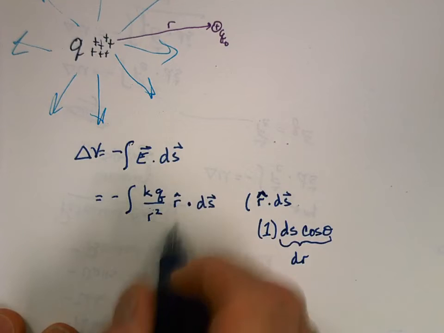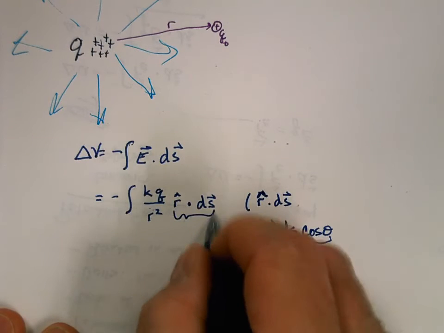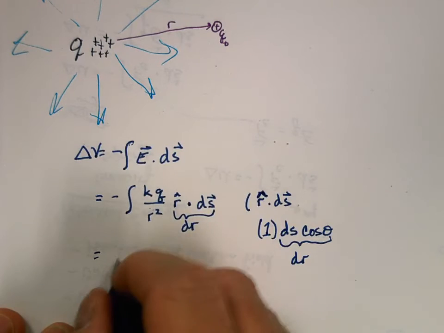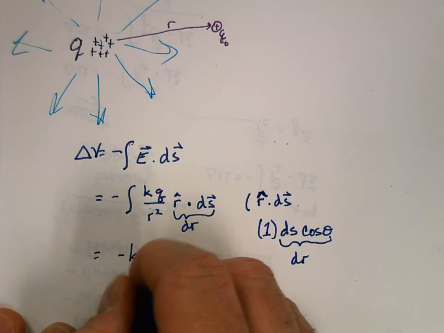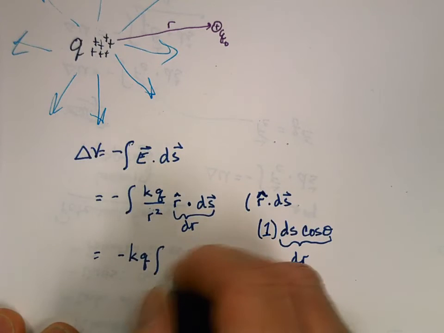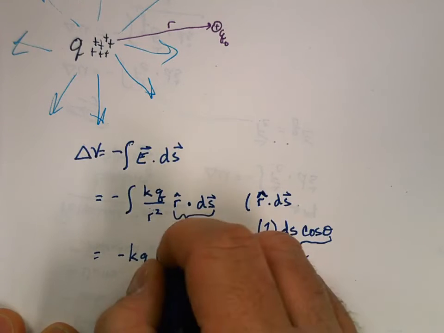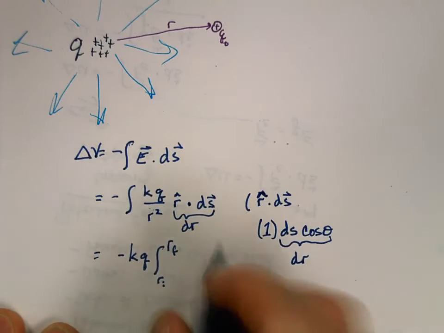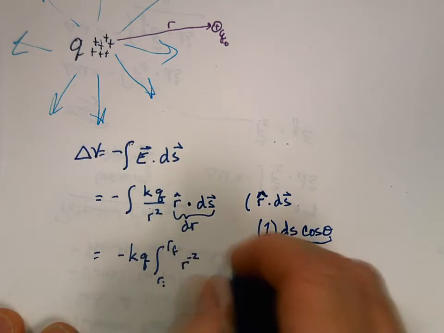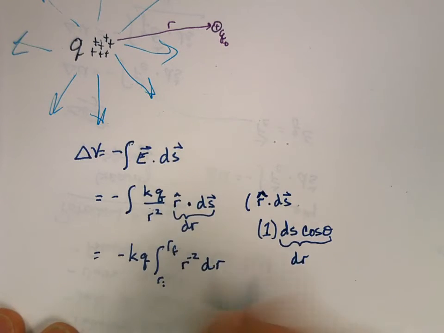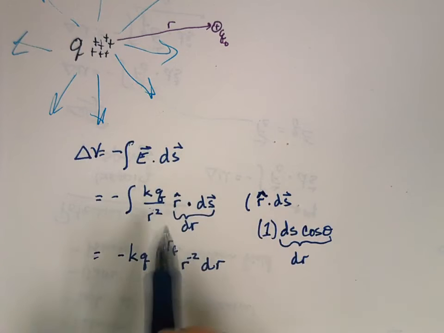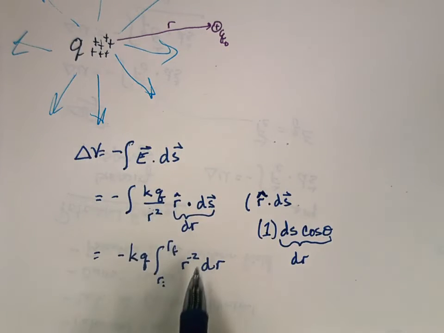So this whole thing turns into dr, and we get negative kQ times the integral from r initial to r final of r to the minus 2 dr. We pull the kQ out, and the r squared in the denominator becomes r to the minus 2.